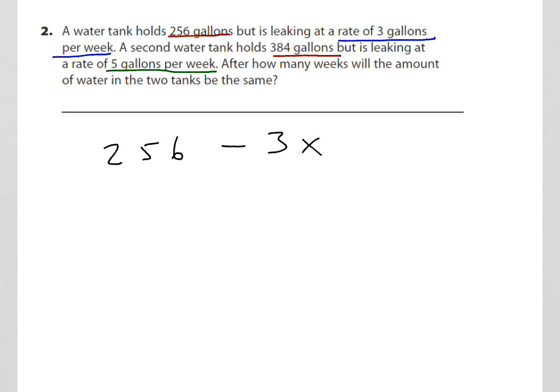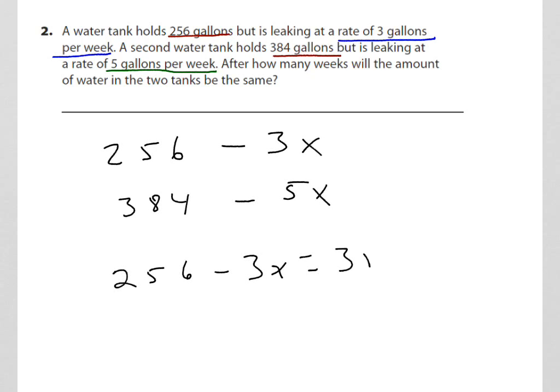The next one will be 384 minus 5x. And this equation can easily be set up as 256 minus 3x is equal to 384 minus 5x. We can subtract, or should we say add 3x, because that is subtracting. The inverse will be to add.